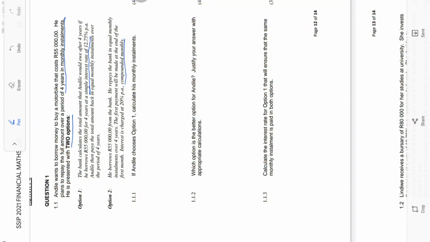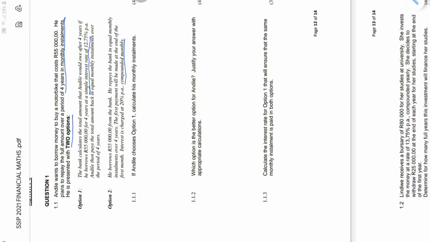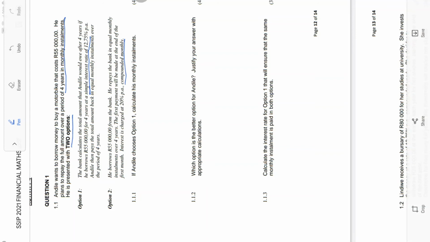So question 1.1.1, if Andile chooses option 1, calculate his monthly installments. Remember, option 1 is simple interest. So we need to calculate how much is accumulated by simple interest.